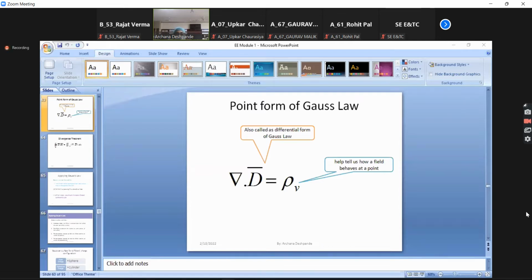So to apply it practically, we go for the point form of Gauss law, which says that divergence of D bar is equal to rho v. It helps us find out how the field behaves at a point.